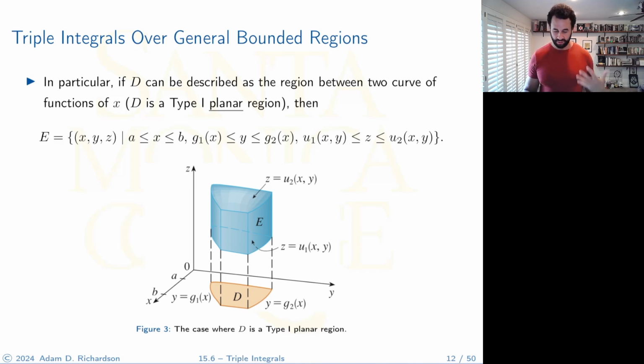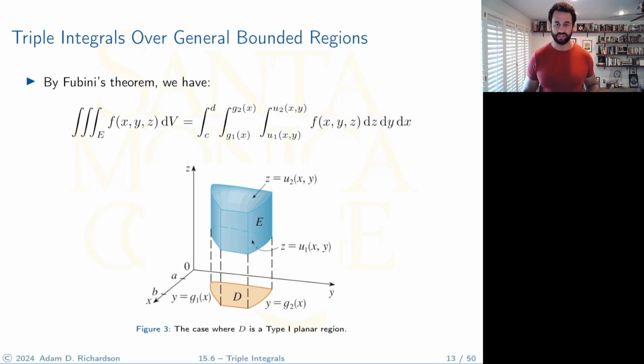But what we're saying now is if your region is bounded between these two surfaces, and then the sides are bounded between two curves, so these are the two curves right here, and then the remaining side is bounded between two numbers, then you can completely iterate the integration process. So this is what Fubini's theorem lets you do.